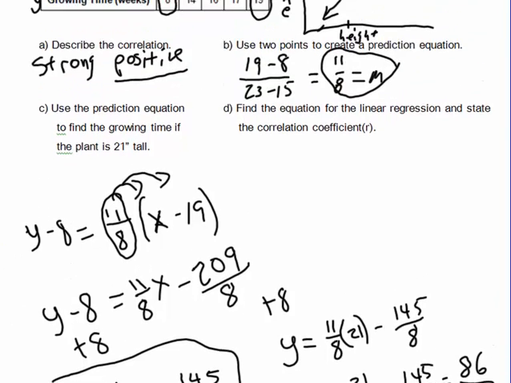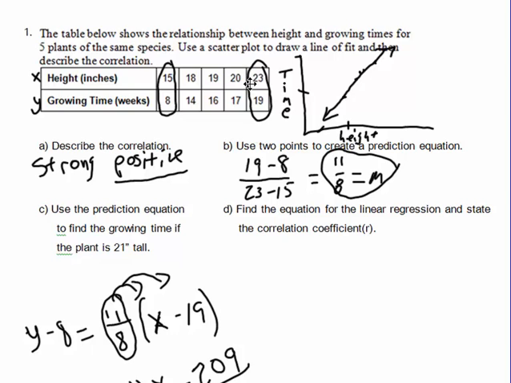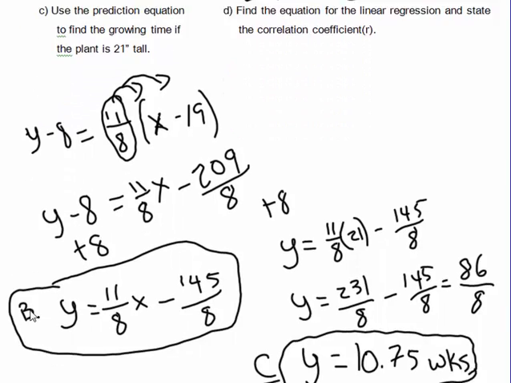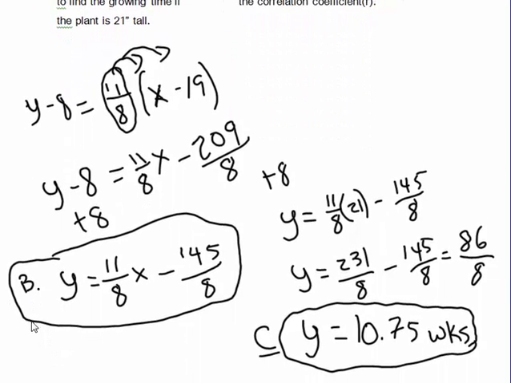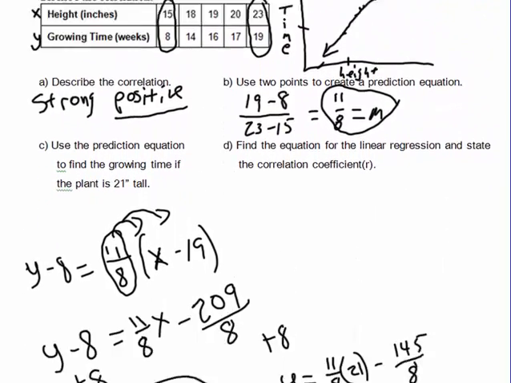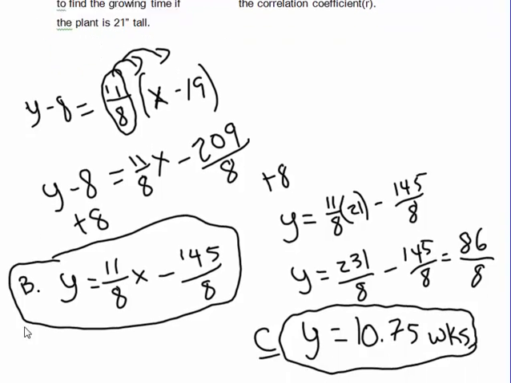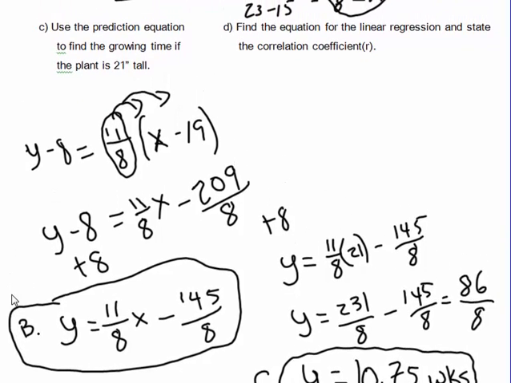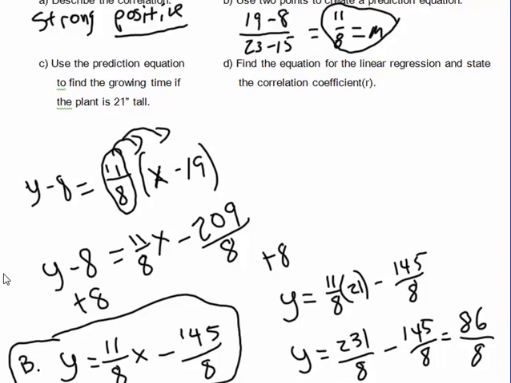The data would suggest that for something to take 21 inches to grow, it would probably be about 18 weeks, 17 and a half, 18 weeks. However, our prediction equation told us 10.75 weeks. So it's not perfect. Prediction equations aren't always accurate, but I want to make sure you know that process. So make sure you follow that process.